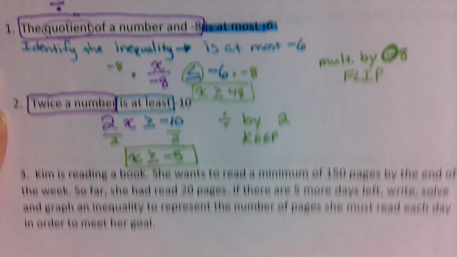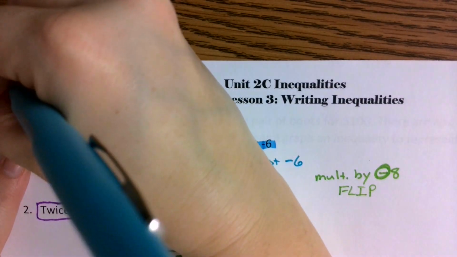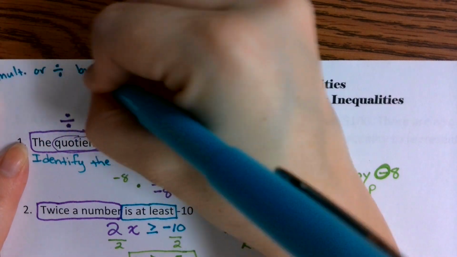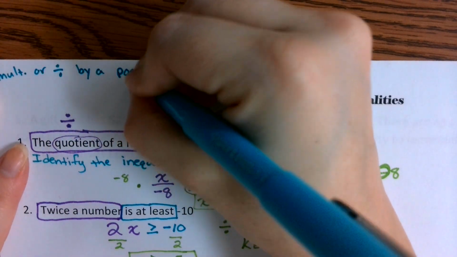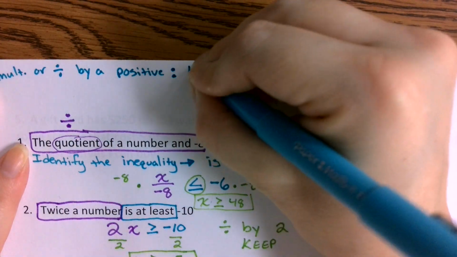Write that rule up here at the top, please. If you multiply or divide by a positive, you're going to keep.